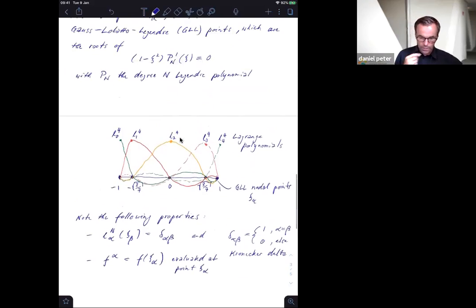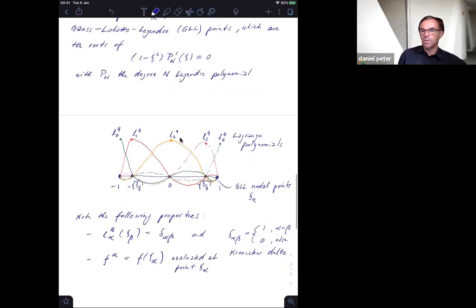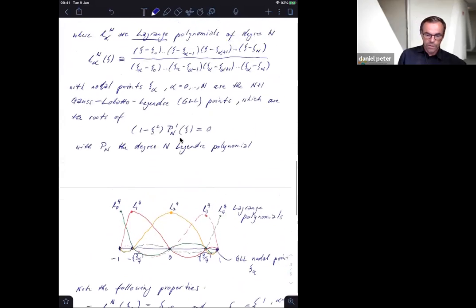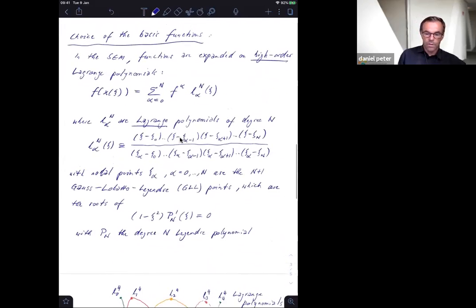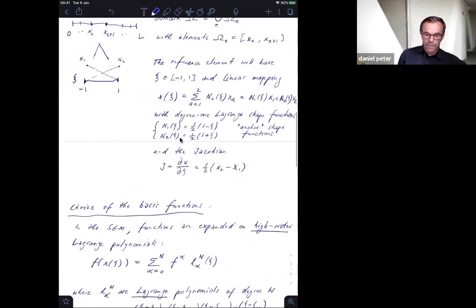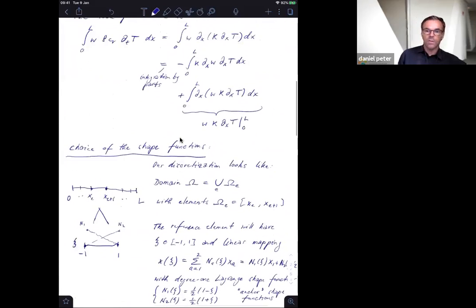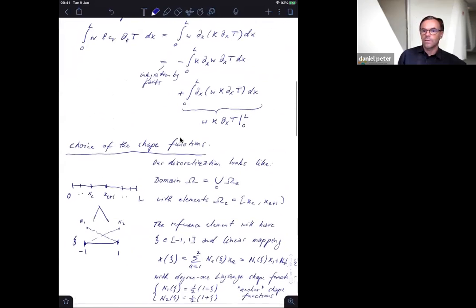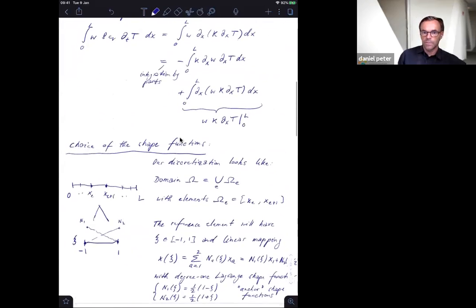And what we're still missing is this specific integration rule, the quadrature rule. So far we set out the basis function, but we will have these integrals that we need to evaluate on the reference elements.